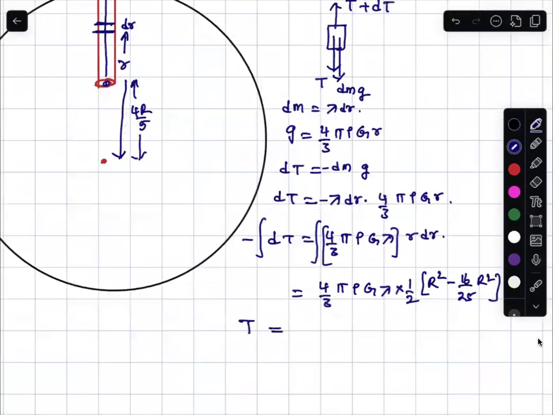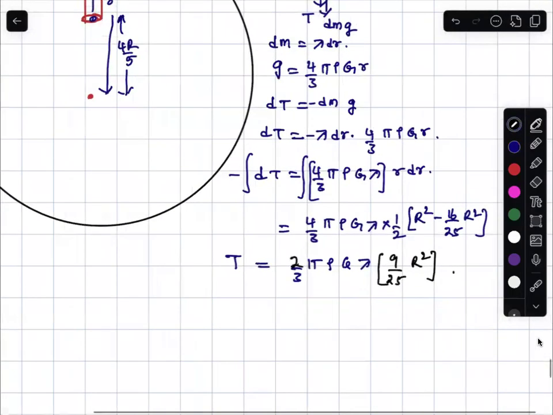So T is 4 by 3 pi rho g lambda, this 4 to 2. And it will become 9 by 25 r square. I am not dealing anything with the planet, etc. Later I will go with that. Right.